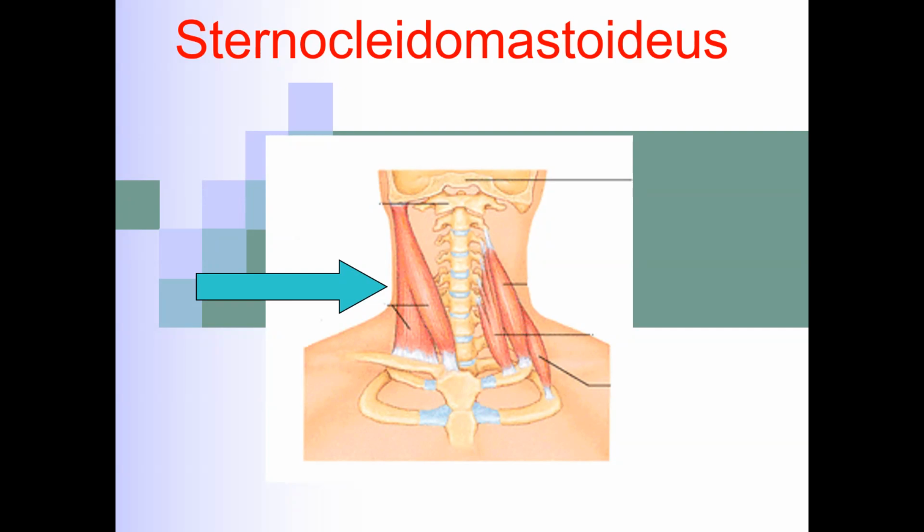All right. Let us start with this one here, which we did already. So you should already be familiar with this muscle. You can see here this muscle is the sternocleidomastoid, which I mentioned earlier.